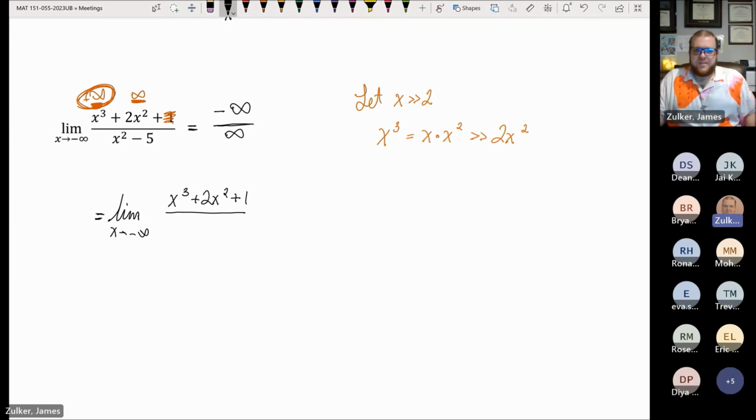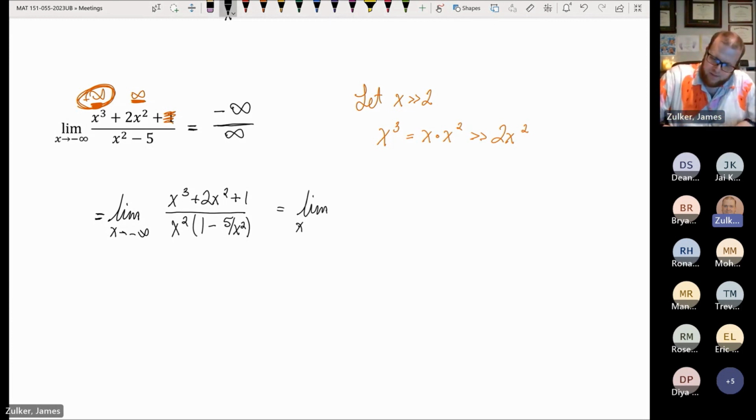It's x squared. We're going to factor that out of the denominator. When we factor it out, we're left with 1 minus 5 over x squared. Move that x squared up into the numerator.